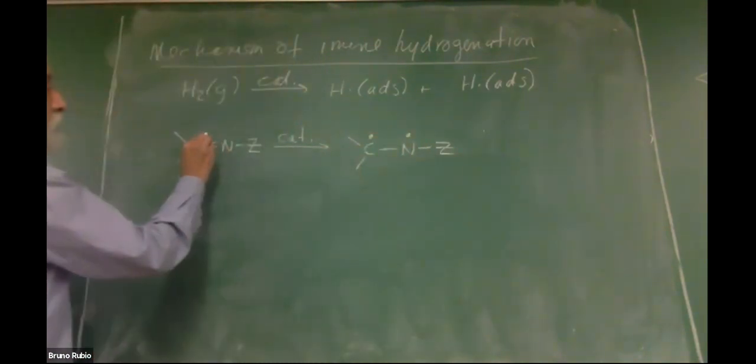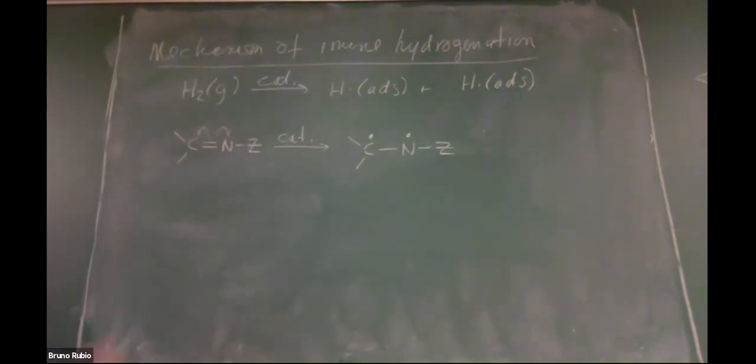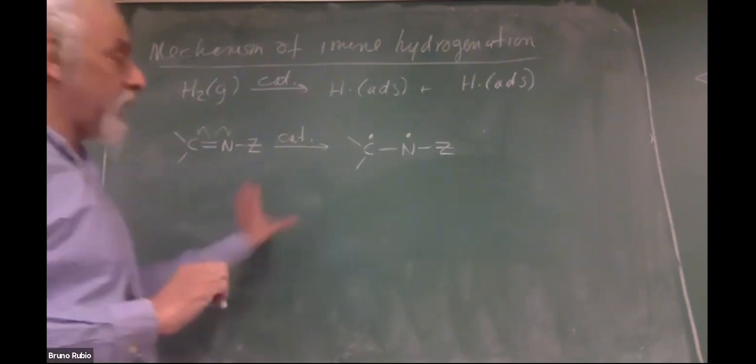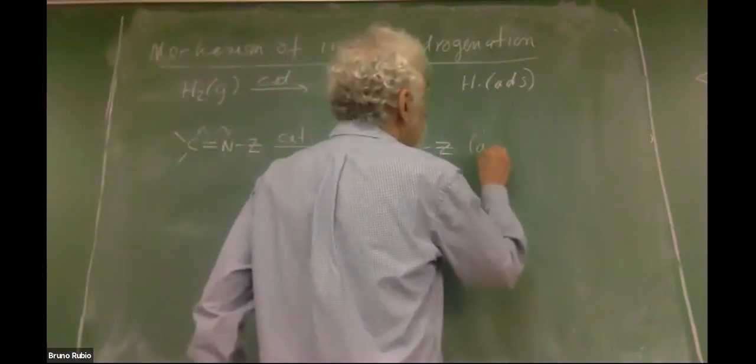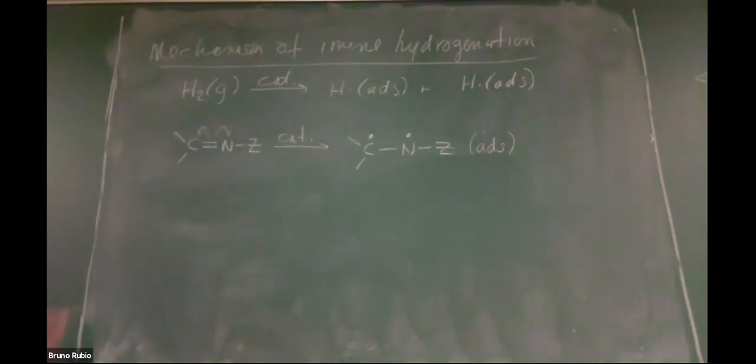Again, I could represent that with arrows. One of the bonds in this double bond got ruptured, one electron went to one atom and the other electron went to the other atom, and this guy is also adsorbed on the catalyst surface.